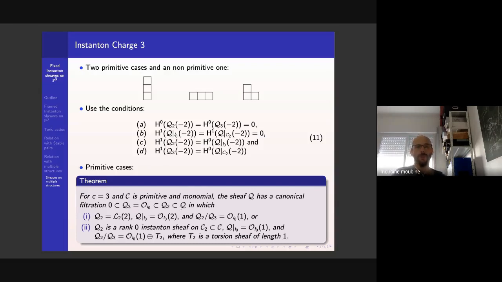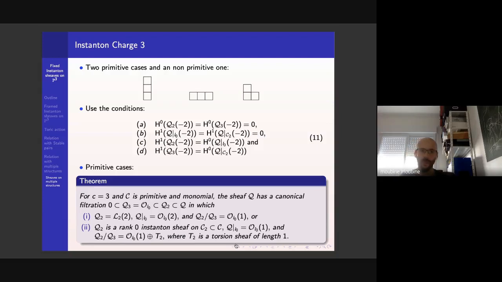We have this first filtration in which all the terms are locally free and the graded is locally free, so in this case our sheaf is quasi-locally free, and the other one is wilder, with restriction to the simple structure with torsion sheaf of length 1.